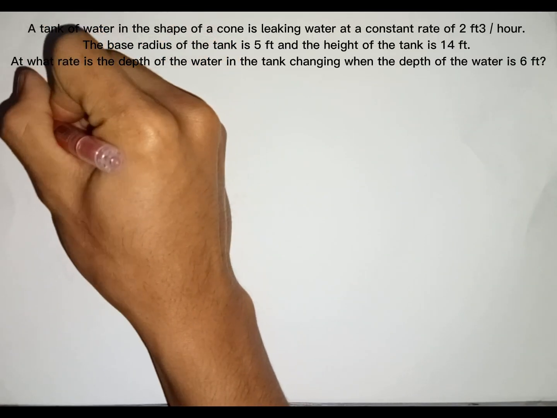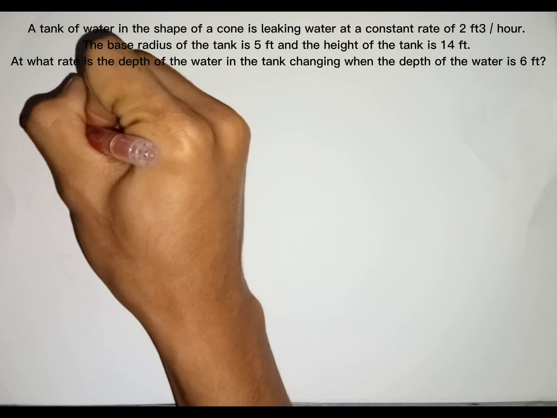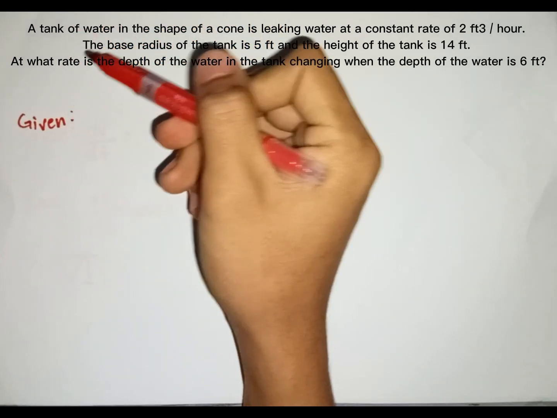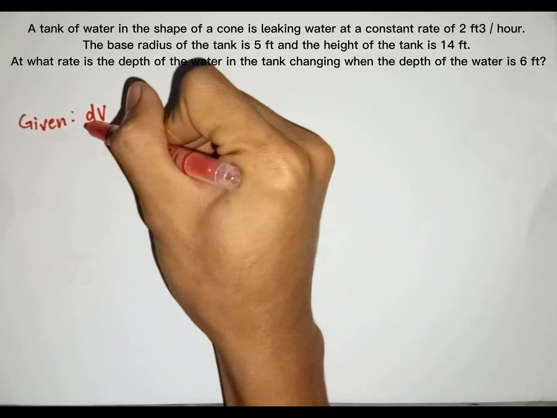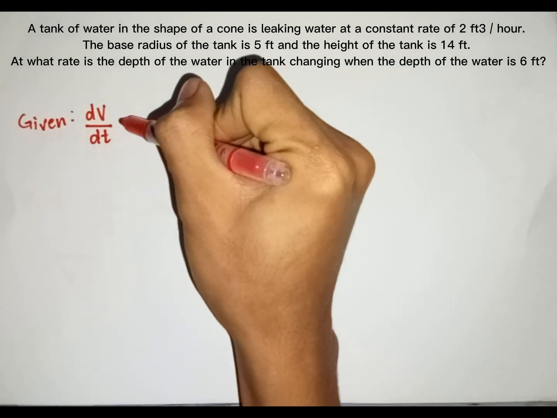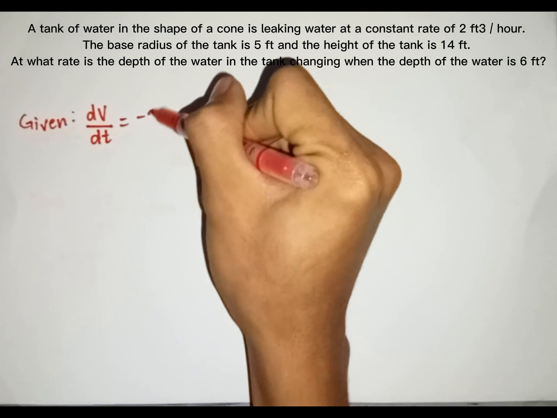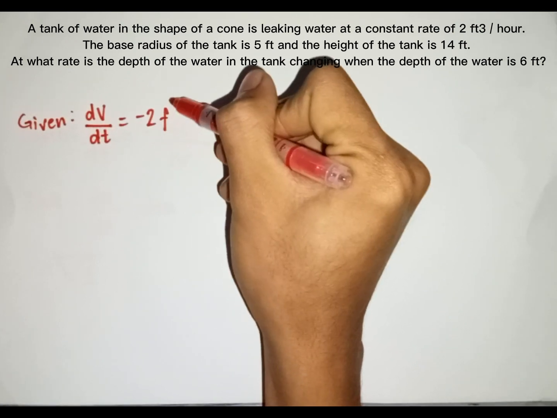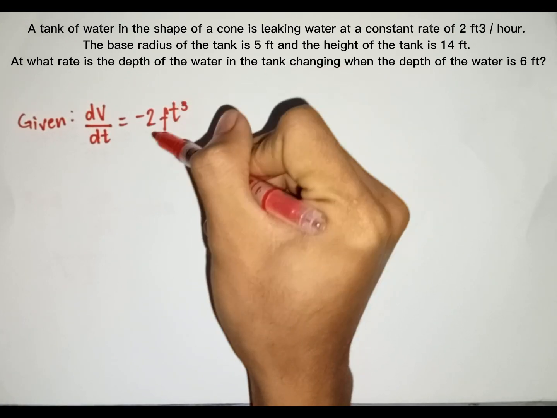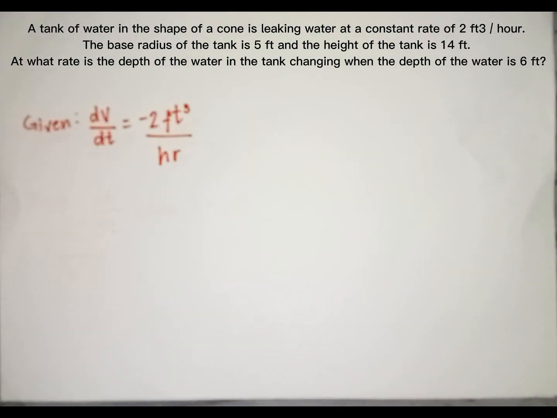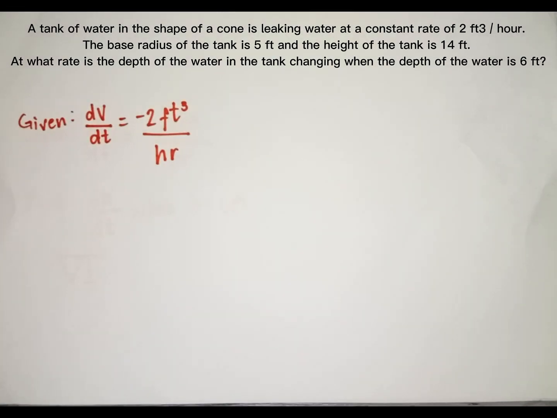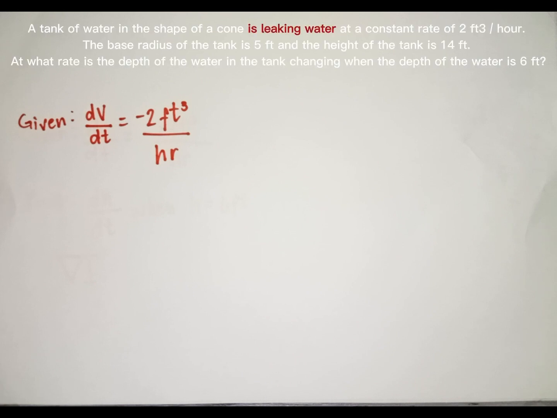So let's start with this step. We write the given of the problem, that is the volume. So we write dV over dt equals negative 2 cubic feet per hour. As you can see, the sign changed into negative because we can see in the problem that it is leaking.